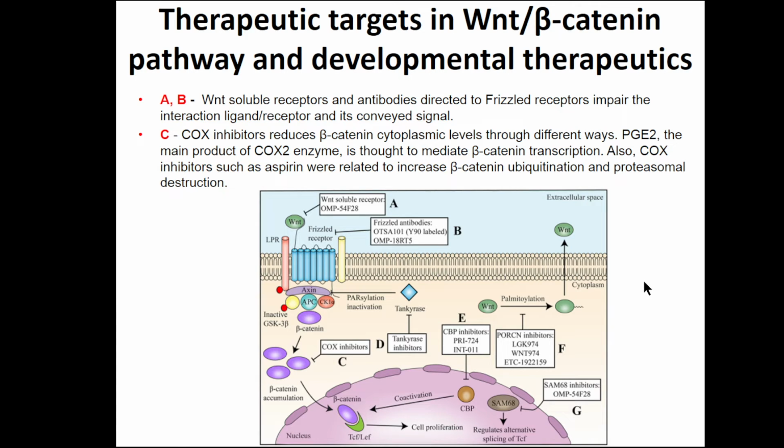Many researchers work and try to find sites for making drugs and for regulation. This is the transcription way. Example A, Wnt soluble receptor OMP-54F28. It blocks Wnt and nothing happens. B, the same effect.